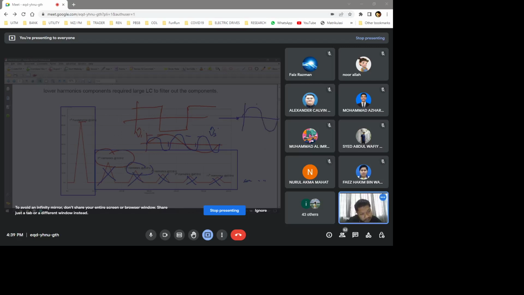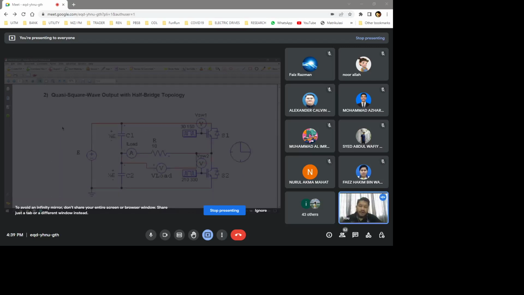So this is a perfect AC waveform already. Remember, the input is DC, the output is AC. By using a specific filter you get rid of all this, and what you have is only the fundamental component. So it is an AC waveform. So that is a square waveform.